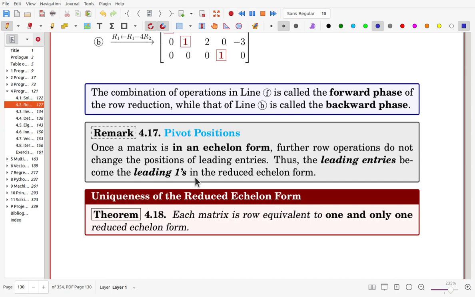Pivot positions. Once the matrix is in an echelon form, further row operations do not change the positions of the leading entries. Thus, the leading entries become the leading ones in the reduced echelon form.